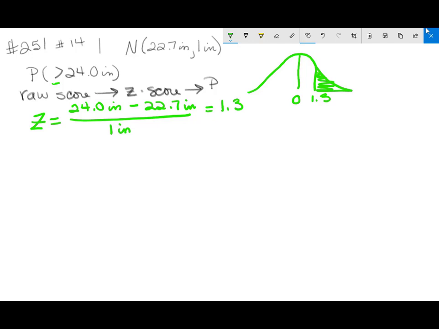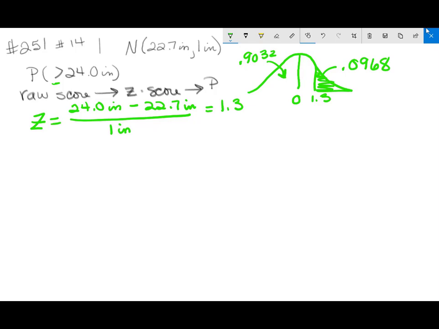For 1.3, the probability to the left is 0.9032. The probability to the right is 0.0968. I'll leave it to you to find these numbers on the table or to practice using StatCrunch to find the same thing.